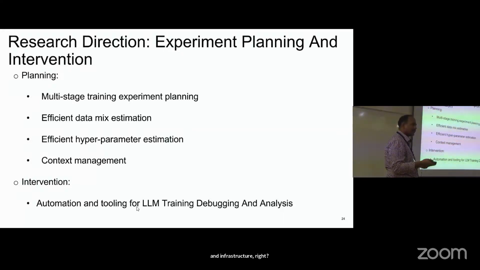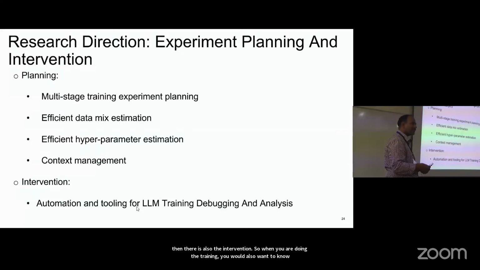So that's experiment planning. Planning would involve the multiple stages, what stages should be there and how they should be configured in terms of the mix of data that needs to be used, the hyperparameters that need to be used for each stage, managing the context of the data that is being passed to the model for training, and so on. Then there is also the intervention. When you are doing the training, you would also want to know how the training is going. Is it going well?